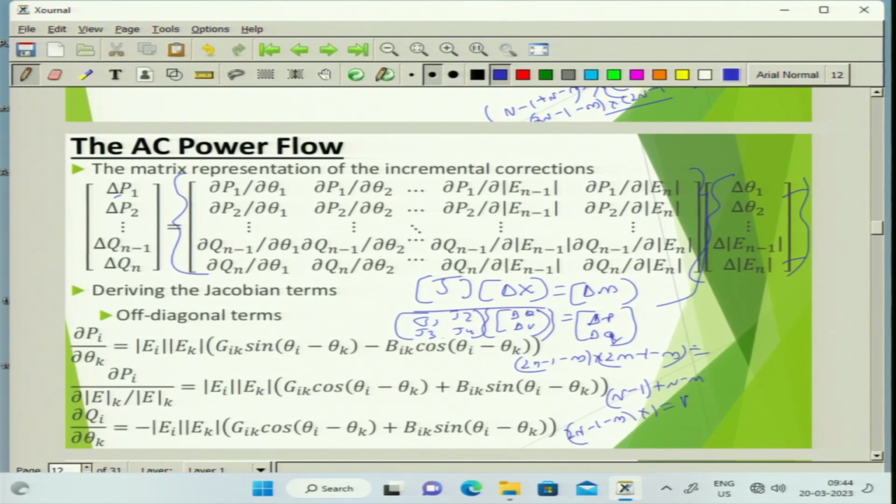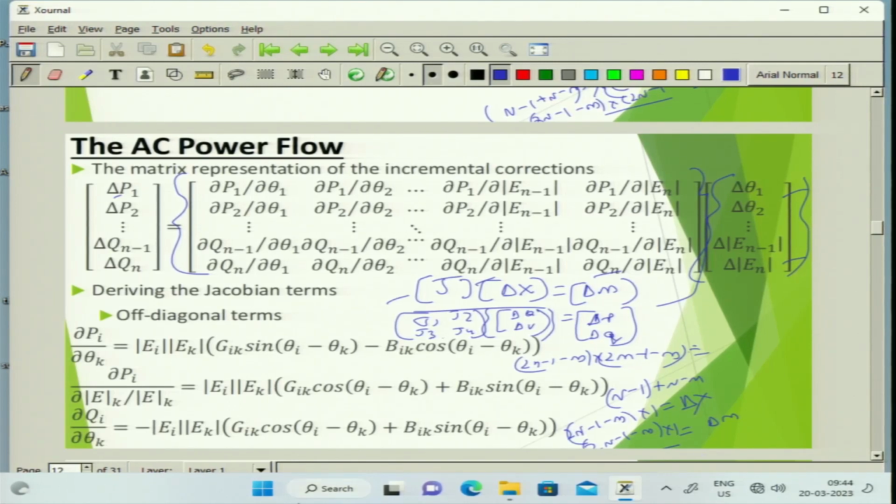This is your delta x, and delta m again is the same thing. How many knowns we have? That means 2n minus 1 minus m into 1. This is a column matrix. These two are column matrices. This is a square matrix. Got it?